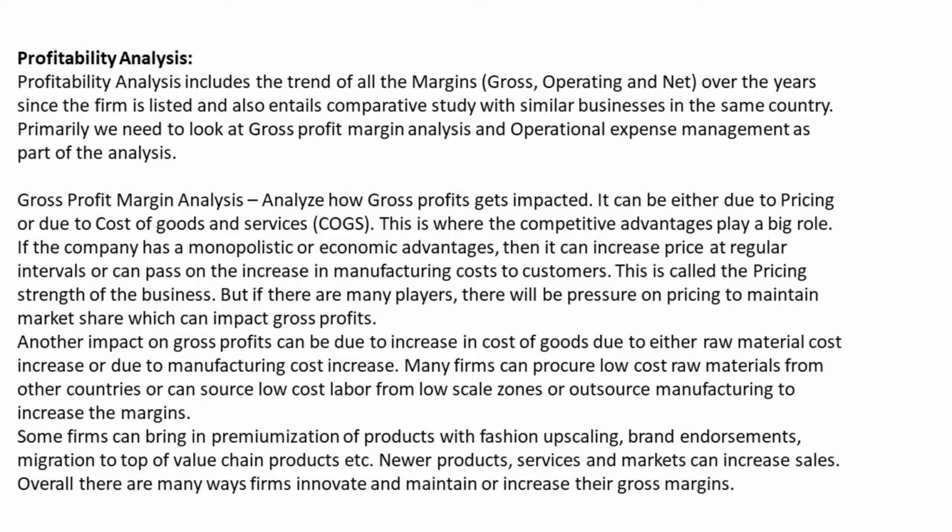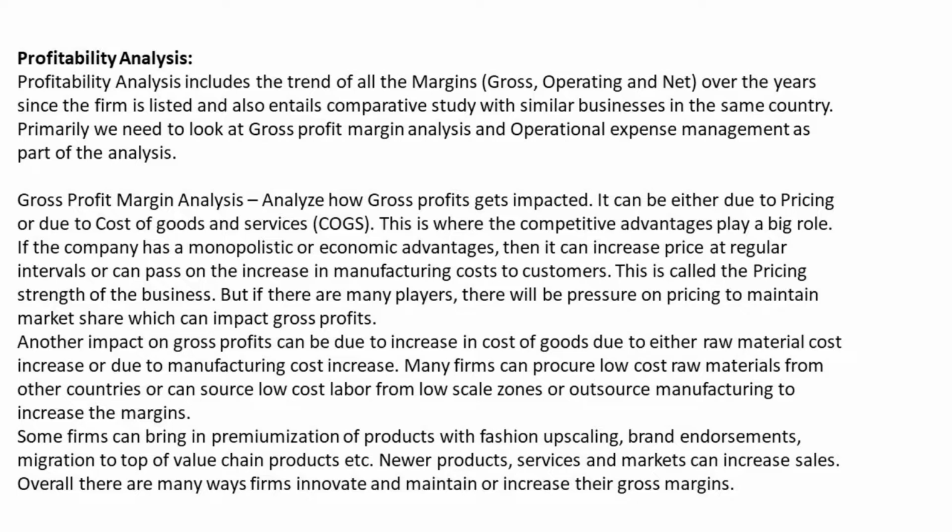So there are two parts to it. Some firms can bring in premiumization of products with fashion, for example, upscaling into higher fashion trends, brand endorsements with celebrities, or migration to the top of the value chain products in, say, retail or fast moving goods. Newer products, newer services, and newer markets can also increase sales for a firm.